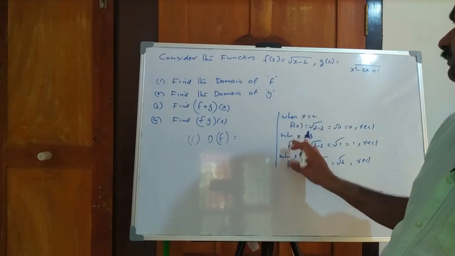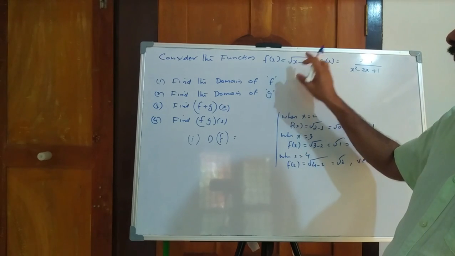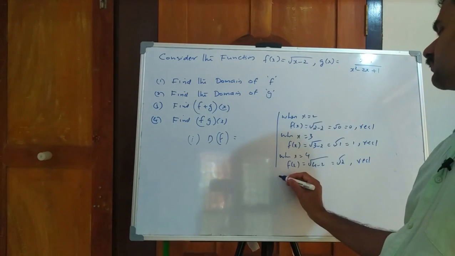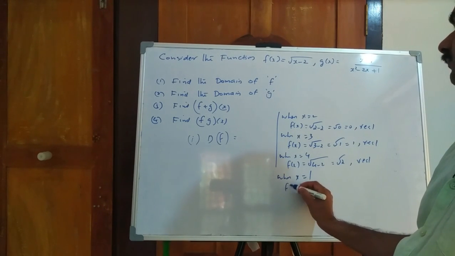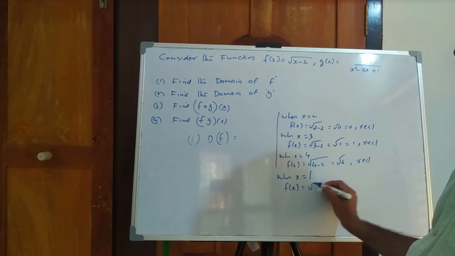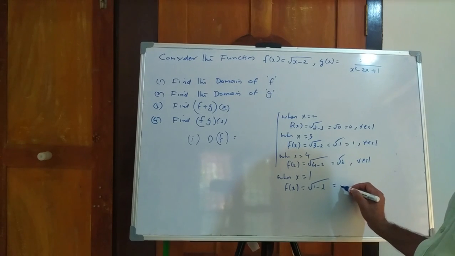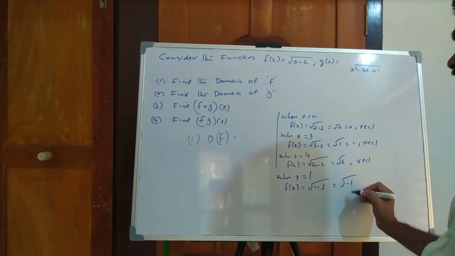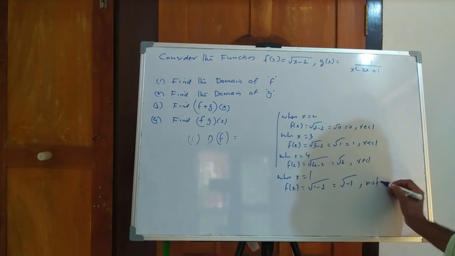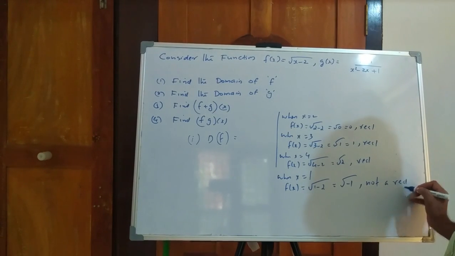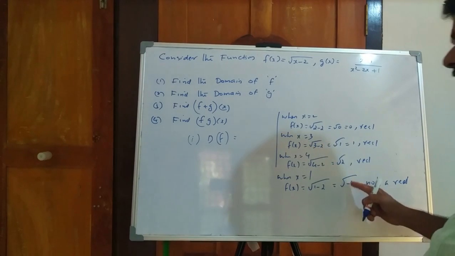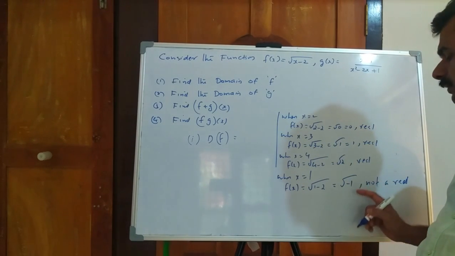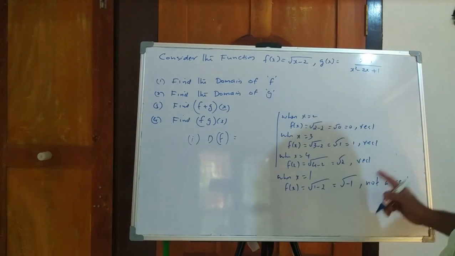So anyway, what happens when x is equal to 1? When x is equal to 1, f of x is equal to root of 1 minus 2, which is root of minus 1, and that is not real. It is not real because a negative number is included in the radical part. That is a non-real number.